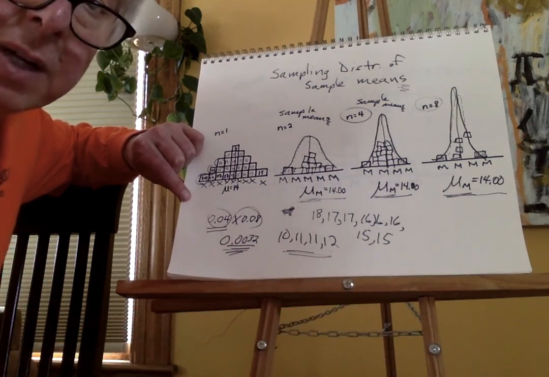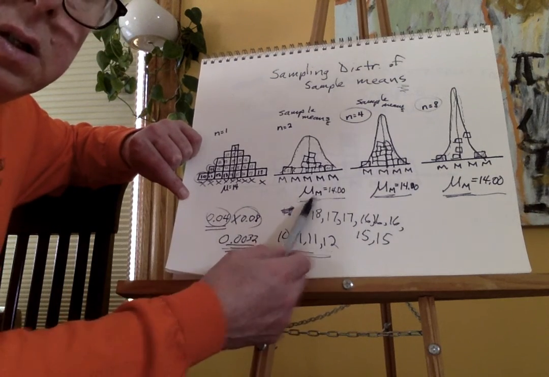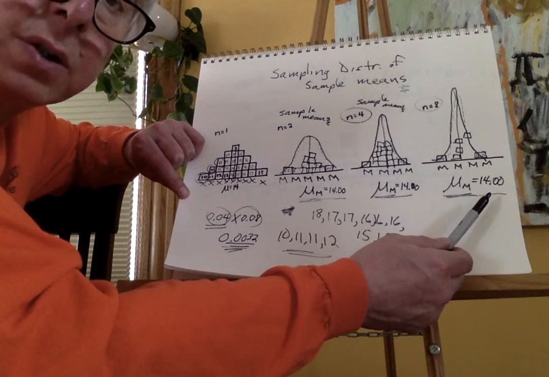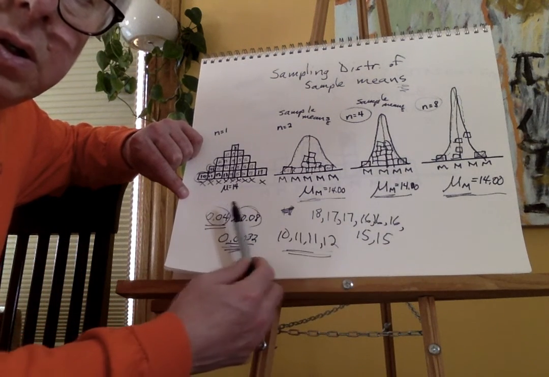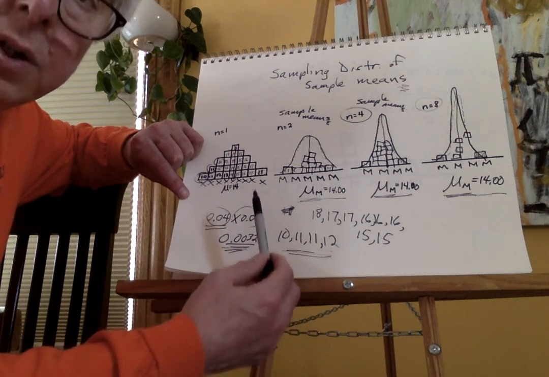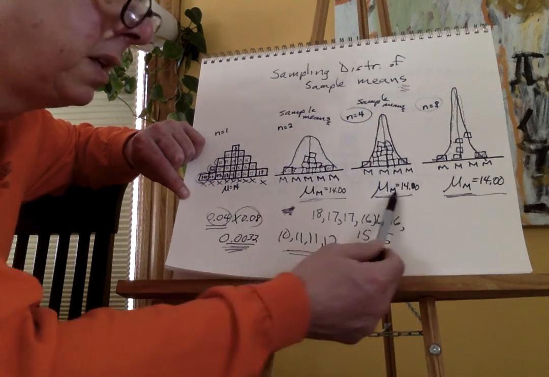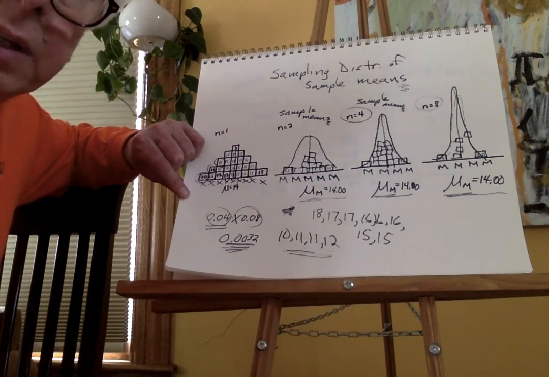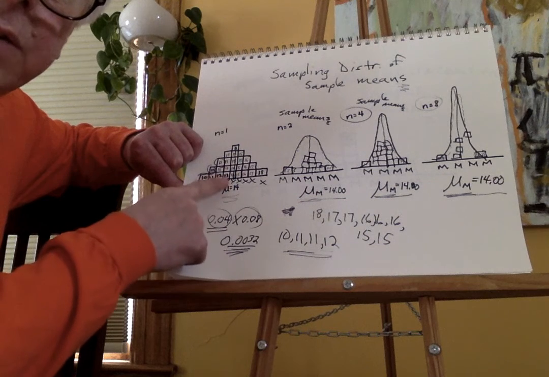It took us 45 minutes, okay? The mean of any sampling distribution of sample means will be equal to the mean of the distribution of individual scores from which the samples were taken.